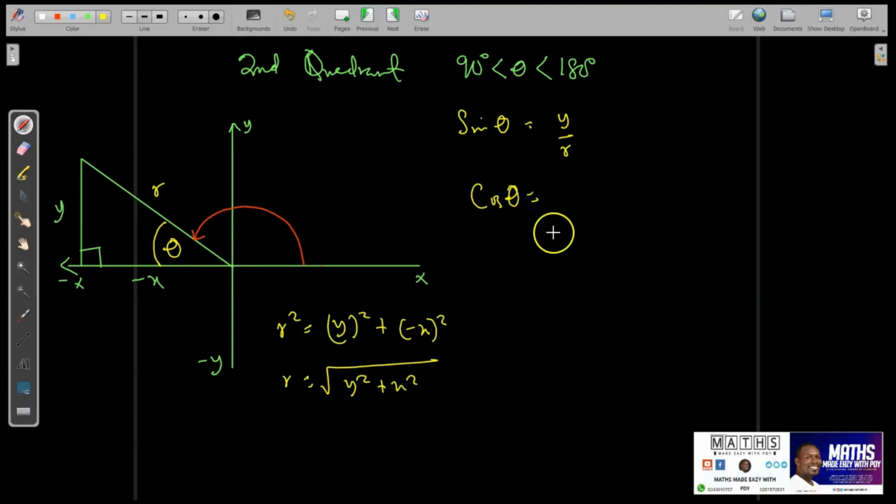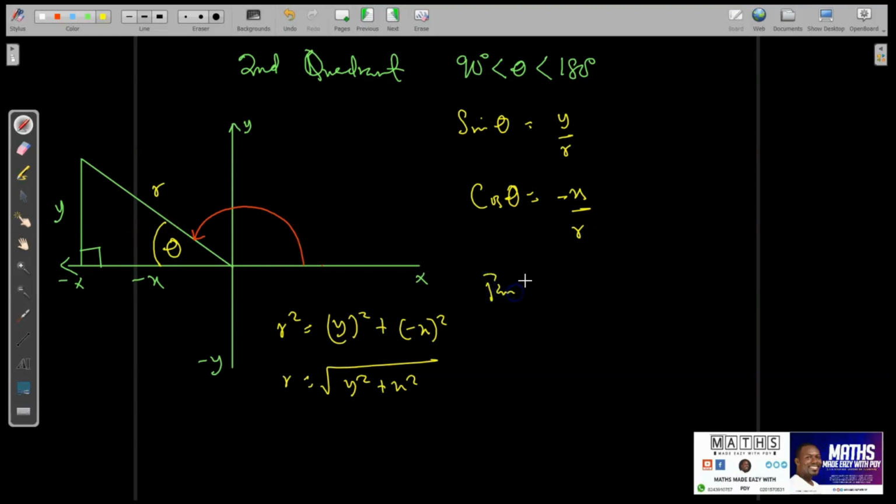It will be negative x on r. If you have a fraction whereby a negative sign is affecting it, the whole fraction is negative, right? Yes. So cos is negative within the second quadrant automatically.